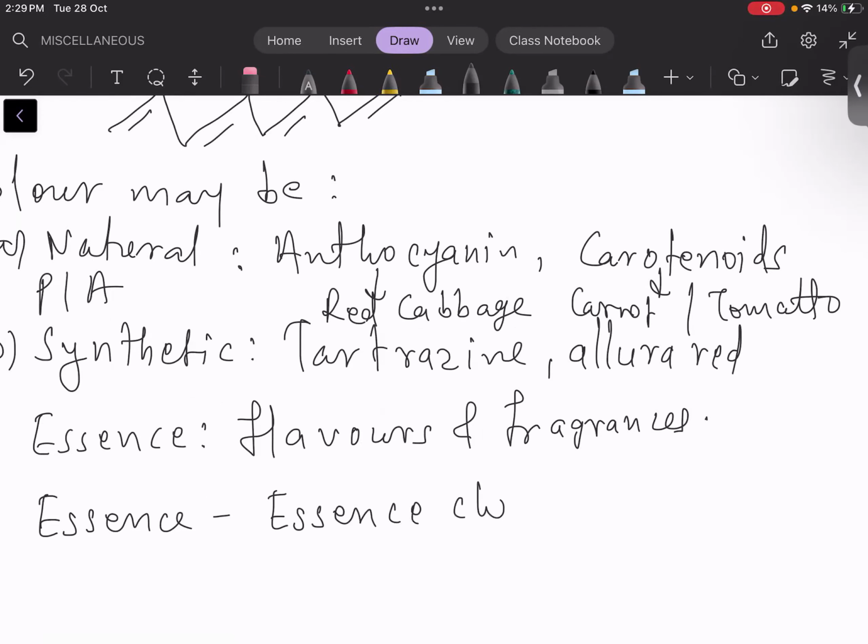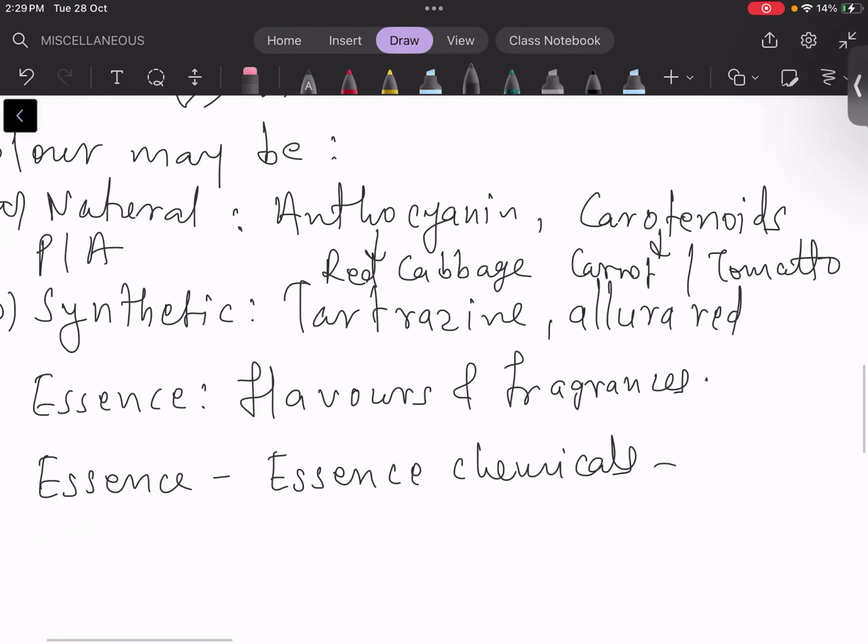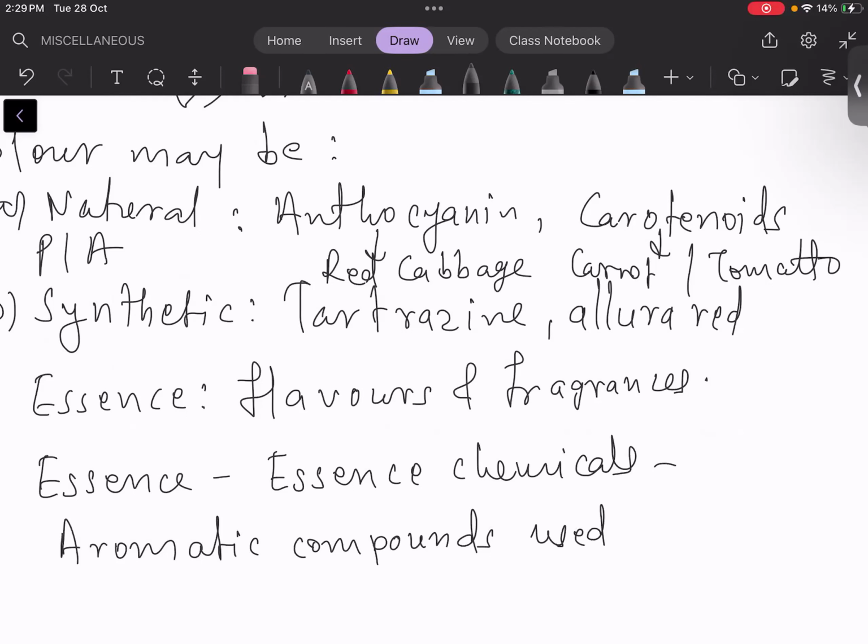Now, essence chemicals are basically aromatic compounds used in flavor and fragrance.